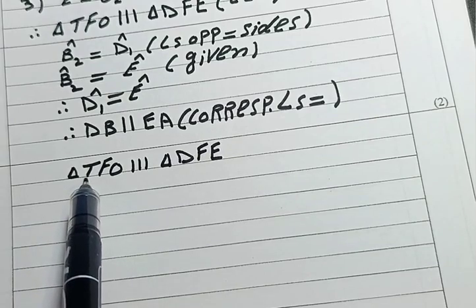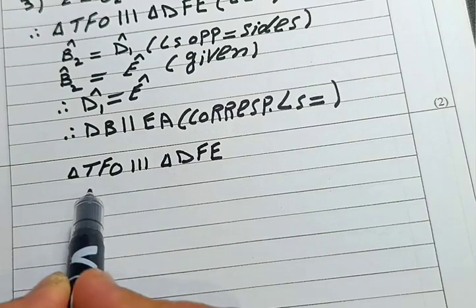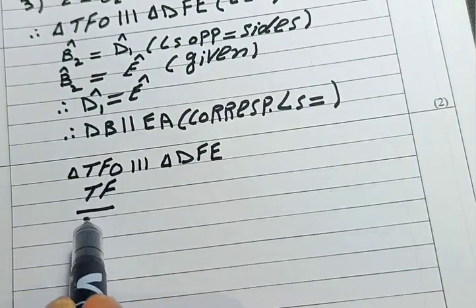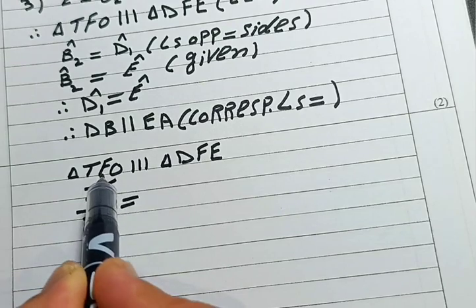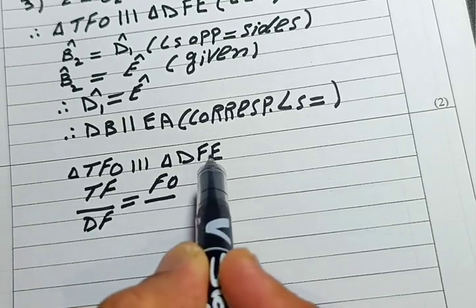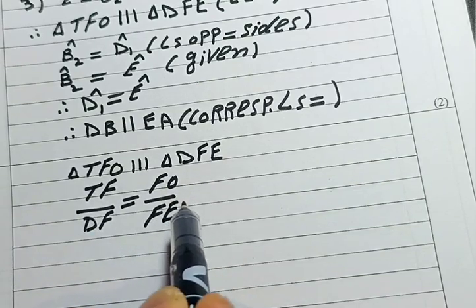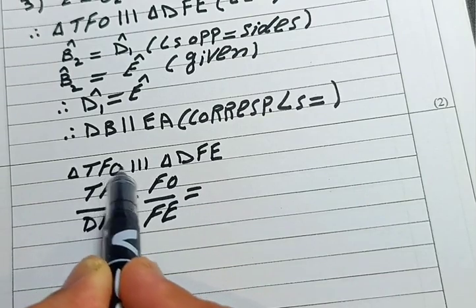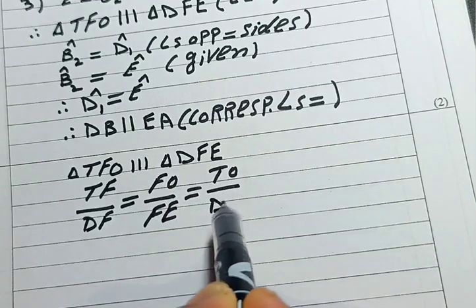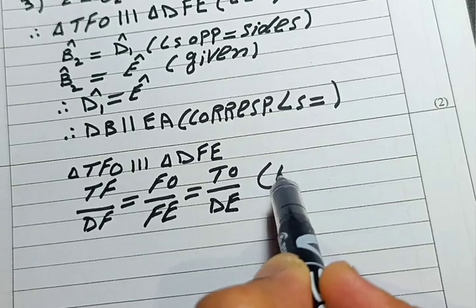So I'm going to write the proportional sides now. TF over DF is equal to FO over FE is equal to TO over DE, and the reason is similar triangles.